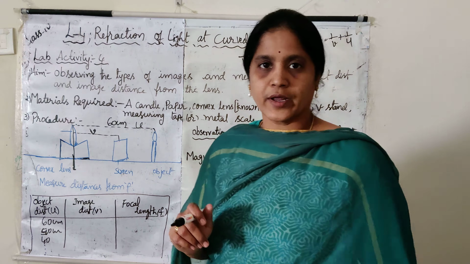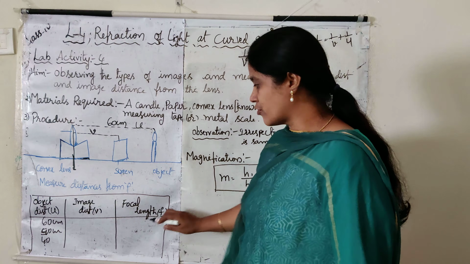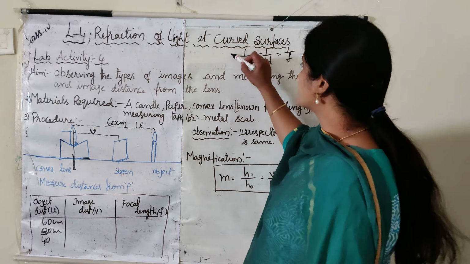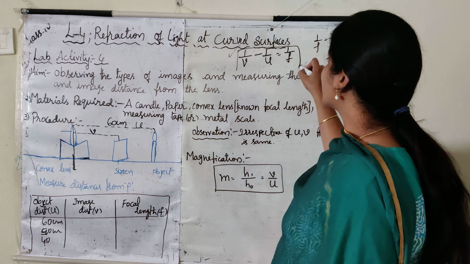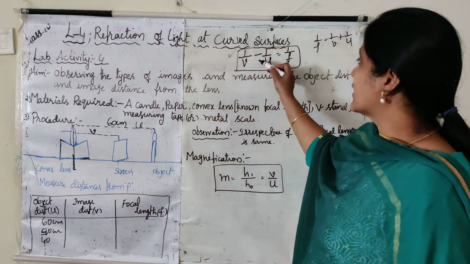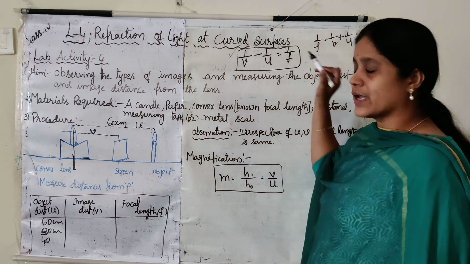That's why I didn't explain. But to find the focal length, we have to use this equation for the lenses: 1 by V minus 1 by U is equal to 1 by F.